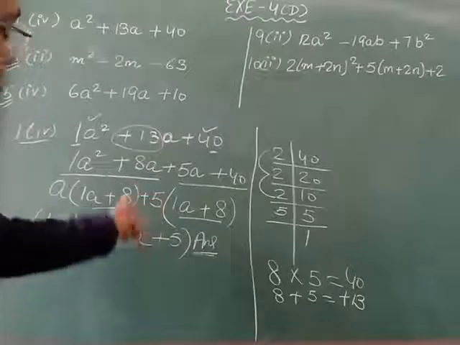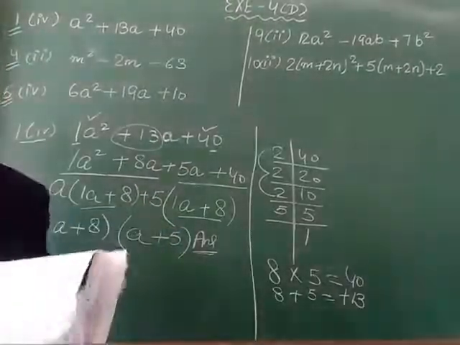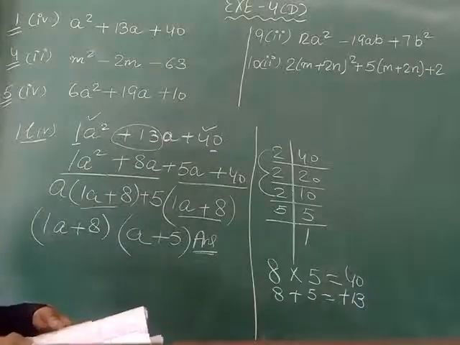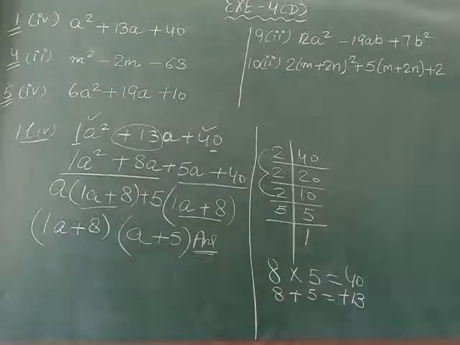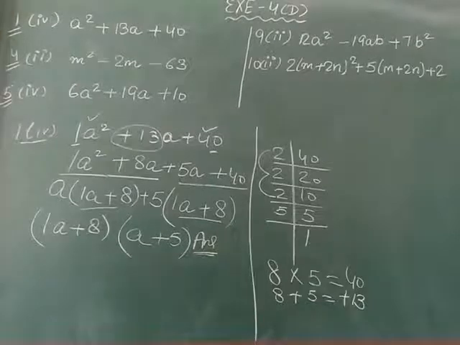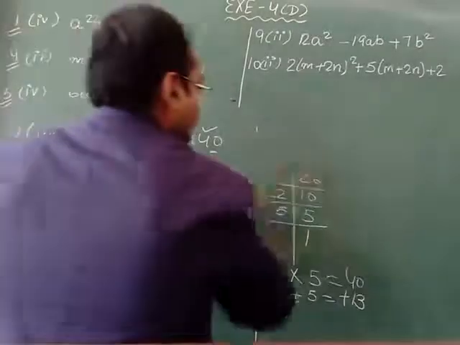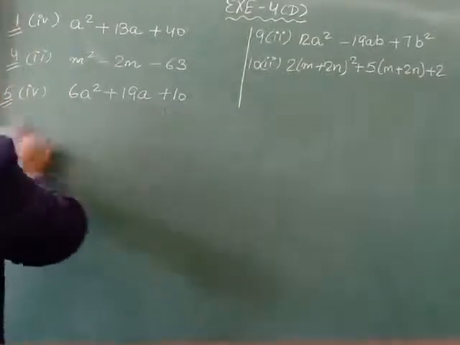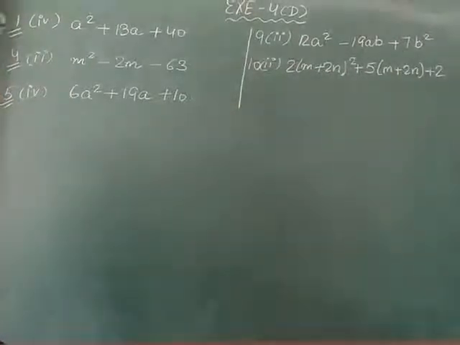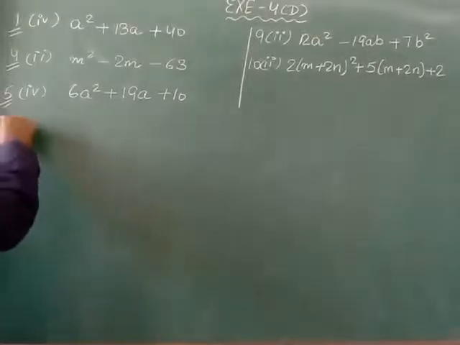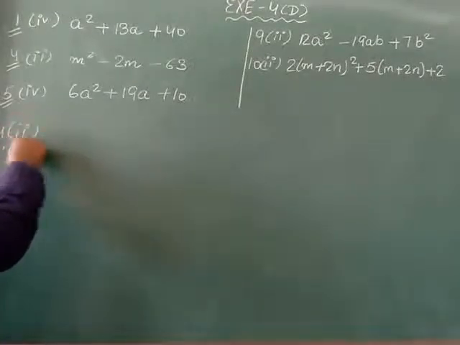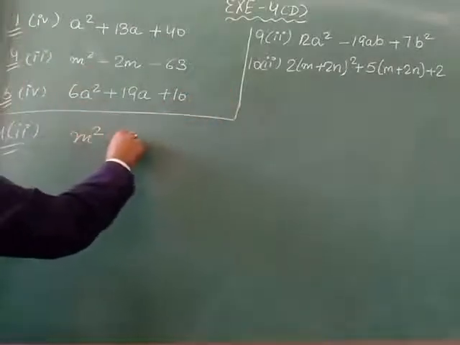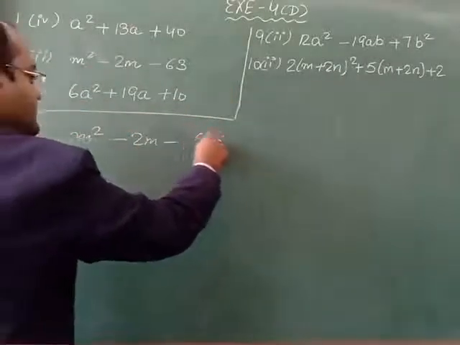Now see another question, fourth question, second part. Question number 4, second: m square minus 2m minus 63.